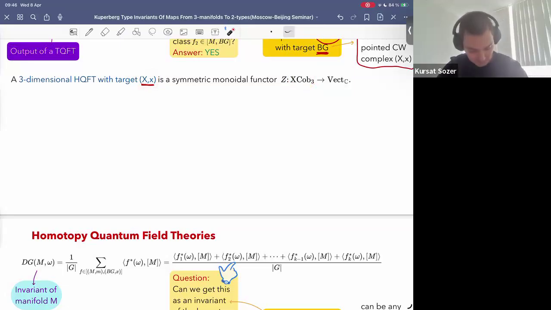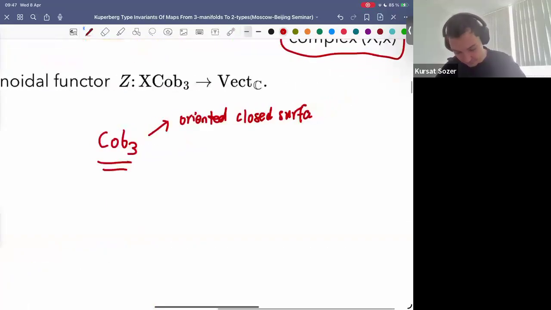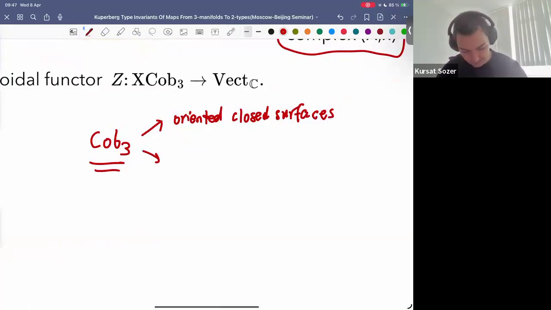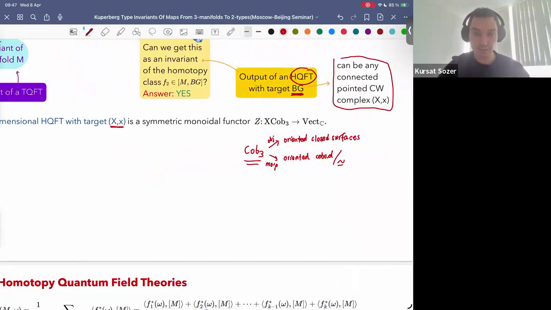Remember, first, COB3: objects are oriented closed surfaces, and morphisms are oriented cobordisms up to diffeomorphism relative to the boundary. So this is the usual three-dimensional cobordism category.